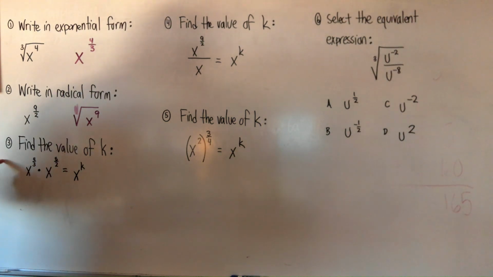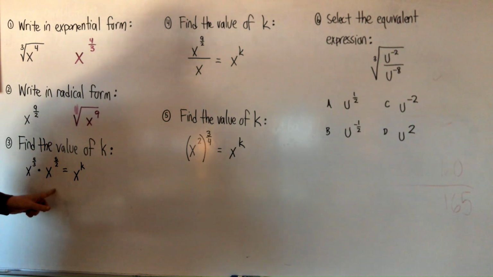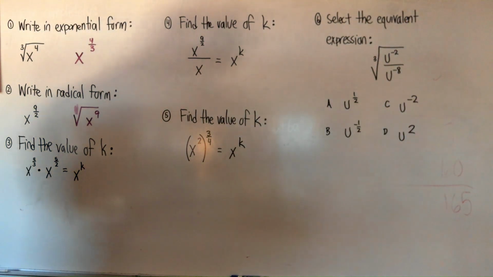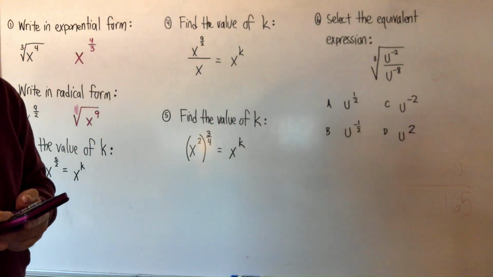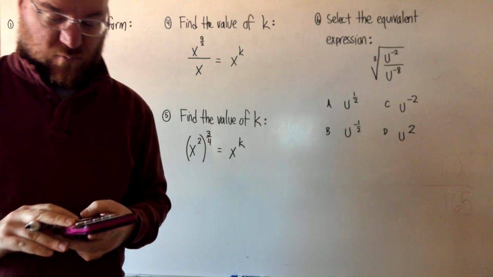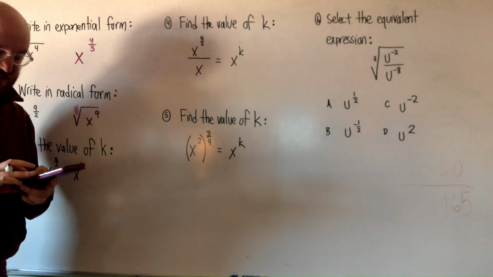All right, find the value of k. Number 3. These two exponent expressions are being multiplied, and as long as they have the same base, you add exponents. So we just have to add 4/3 and 5/2. The short way to do this would just be to go on my calculator and type in 4/3 plus 5/2.